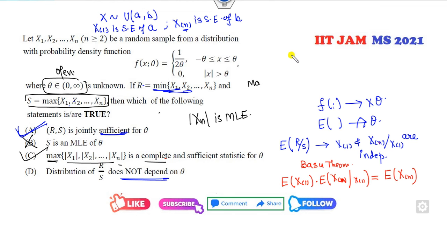If x follows the uniform distribution, this is beta distribution of 1 comma n. Xn is beta distribution of n comma 1. So clearly, the expected value of this is n over n plus 1. This is 1 over n plus 1. So clearly they are independent of theta. So yes, this is my right answer as well.